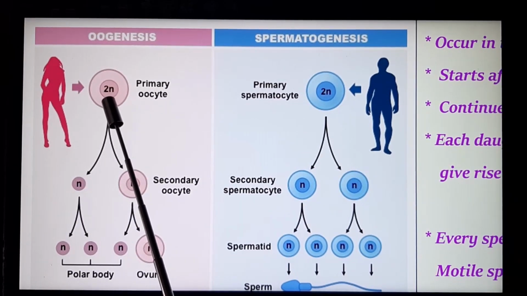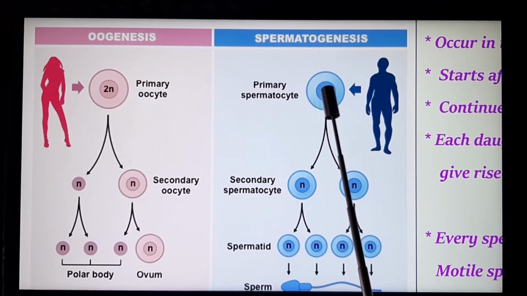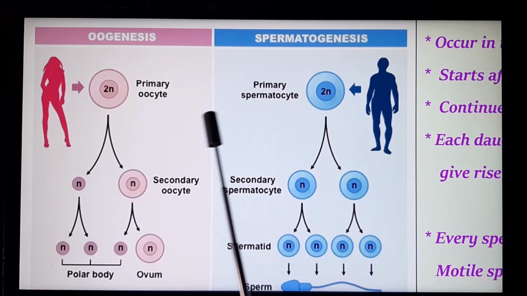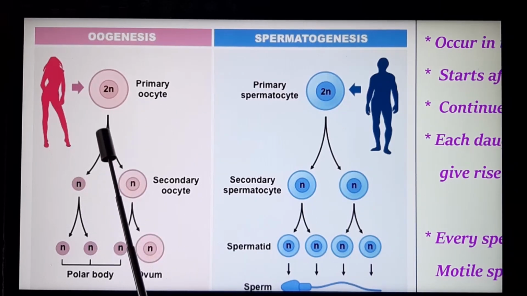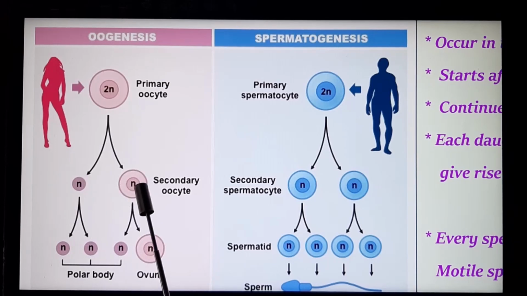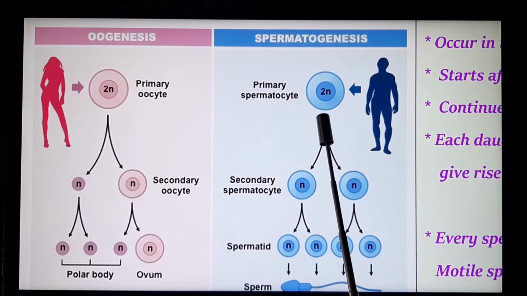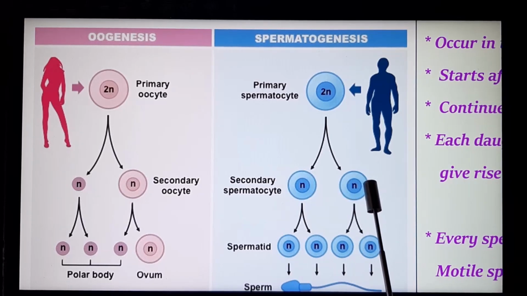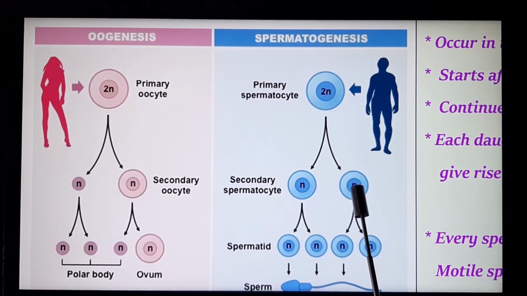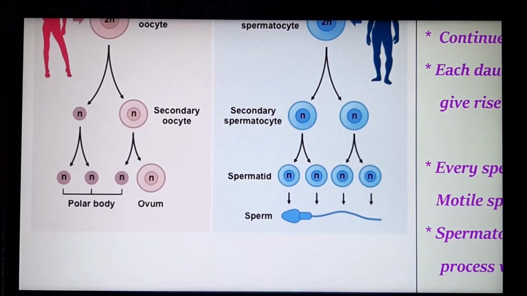The primary oocyte in female and the primary spermatocyte in male, in oogenesis and spermatogenesis, are both diploid. The primary oocyte divides unequally to form a tiny polar body and a large secondary oocyte, but in case of males it is same sized secondary spermatocytes.